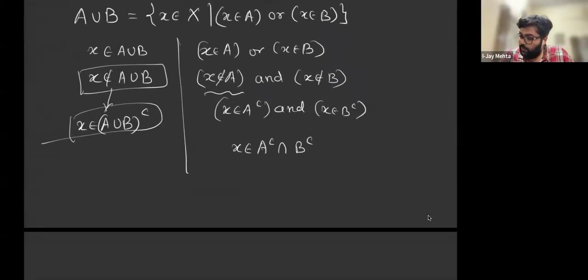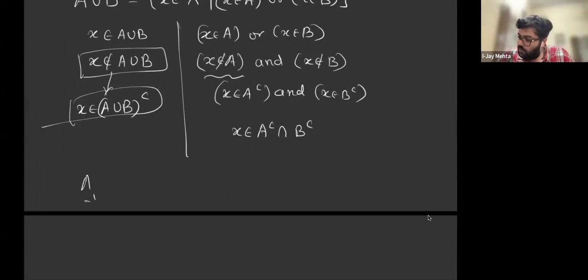Okay, so Tanya says that we have shown that A union B complement is a subset of A complement intersection B complement. How many of you agree with her?